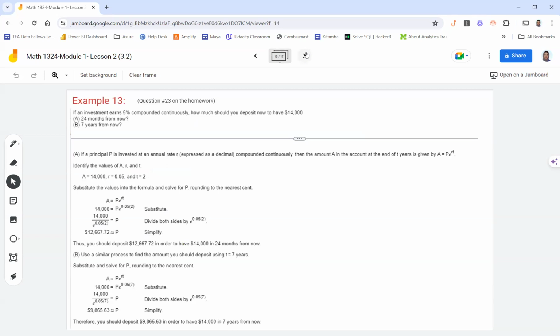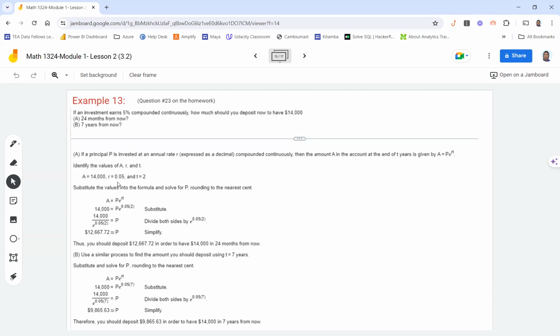Question 13 is a 2-part problem. If an investment earns 5% compounded continuously, how much should you deposit now to have $14,000 24 months from now or 7 years from now? So we have 2 parts of the question again. For part A, we have the future value given.